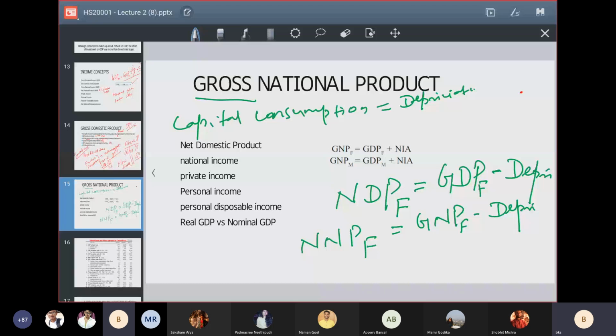Most often, in all countries, we have both government as well as private sector participating in production of goods and services.